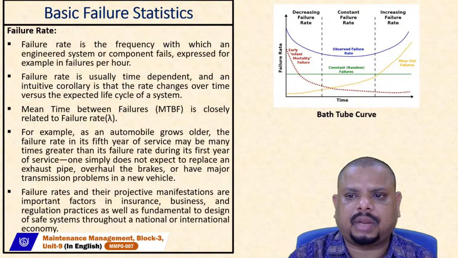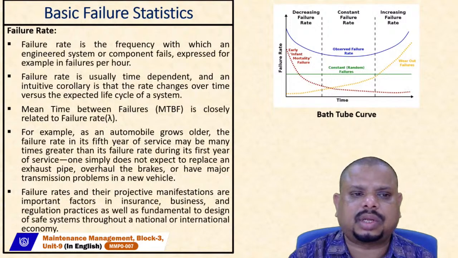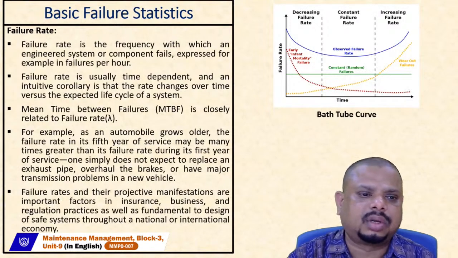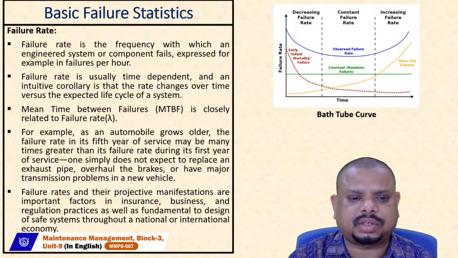So if you go by the fundamental definition of failure, it is the frequency with which the engineering system or a component fails, which is known as the failure rate. The failure rate is usually time dependent, and intuitively its rate changes over the expected life cycle of the system.